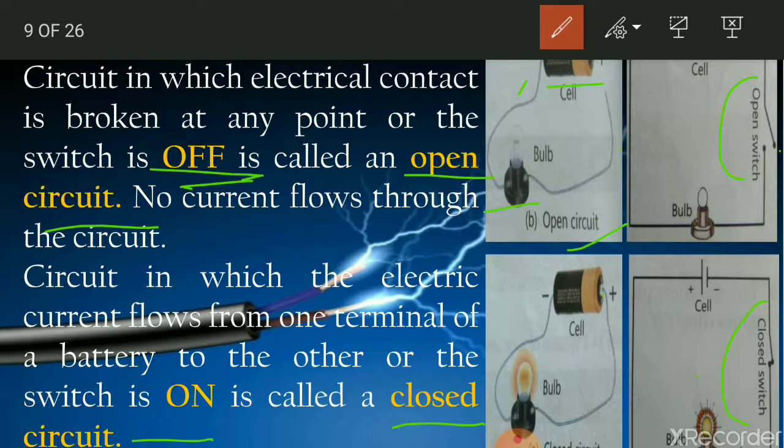So any device which is present in that open circuit will not work. Here a bulb is present, so the bulb will not glow in that open circuit. While a closed circuit is a complete circuit, means an unbroken path. Through that unbroken path electric current can flow and this bulb will glow, or if any other device is there, that device will work.